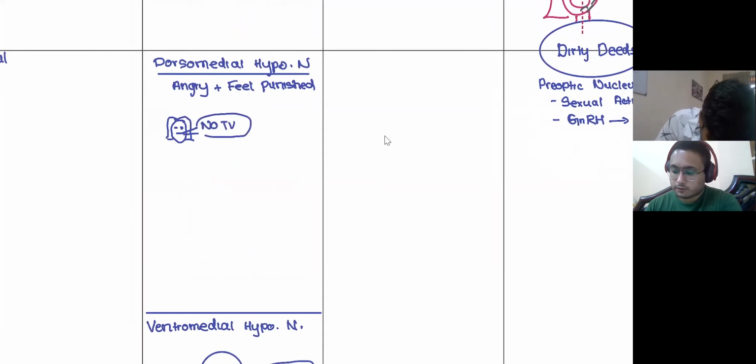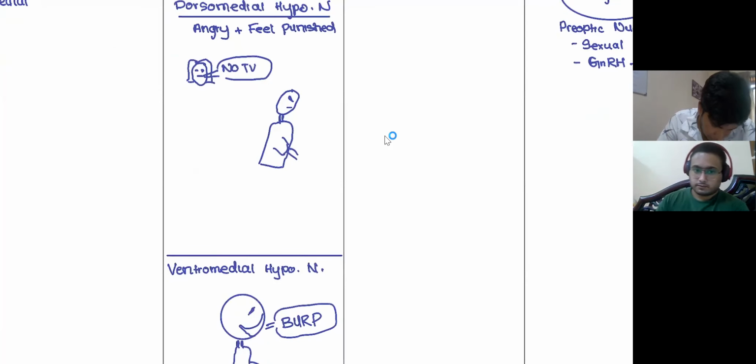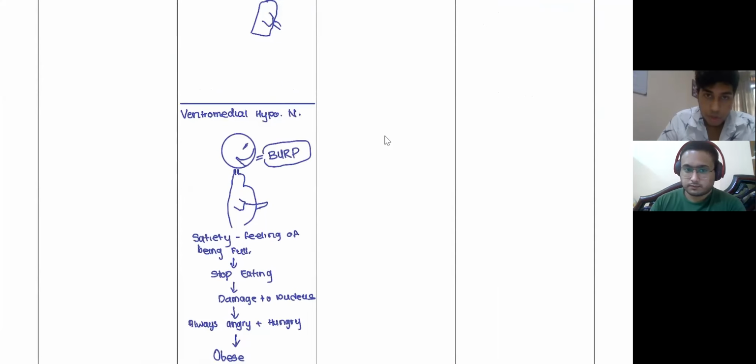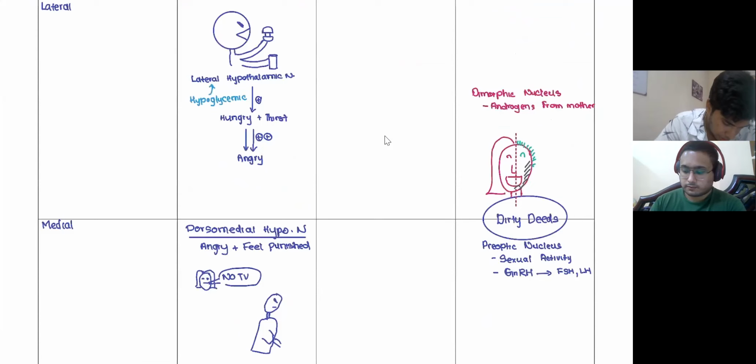So that makes you feel angry and it makes you feel punished. So that is the feeling you get when this nucleus is activated. I hope you guys understand this. These are the nuclei of the tuberal region.